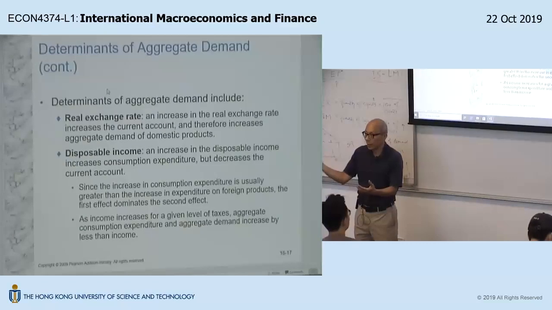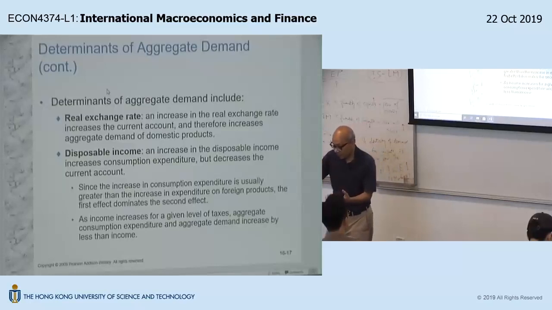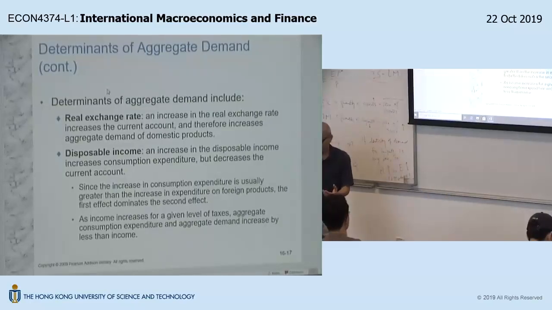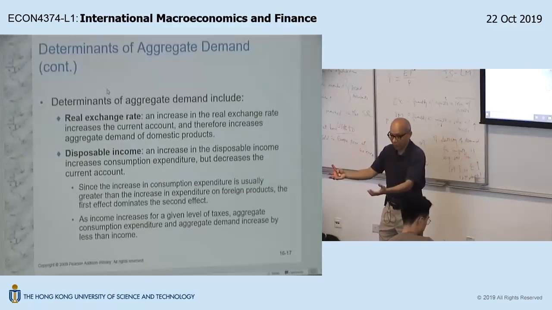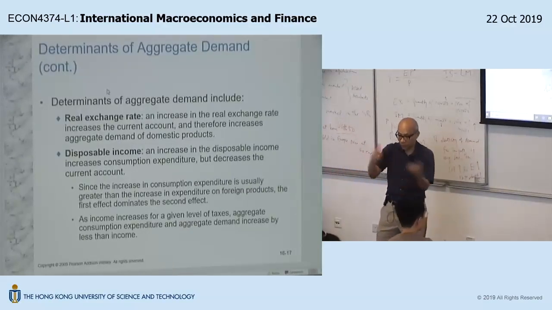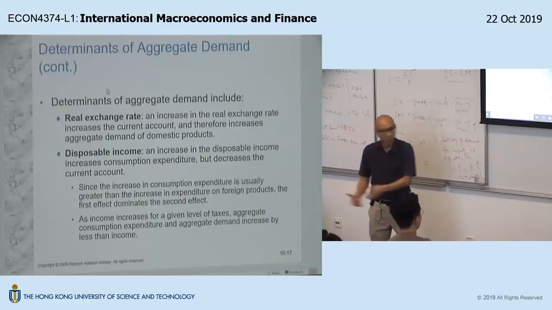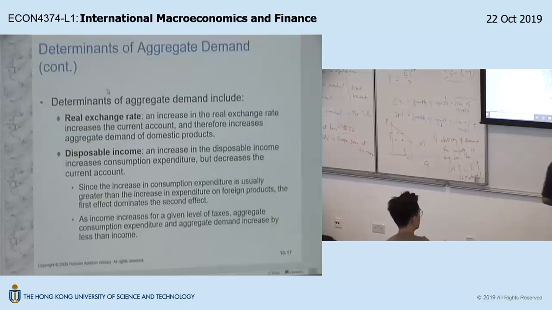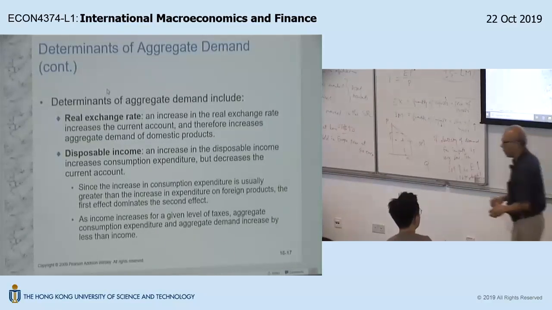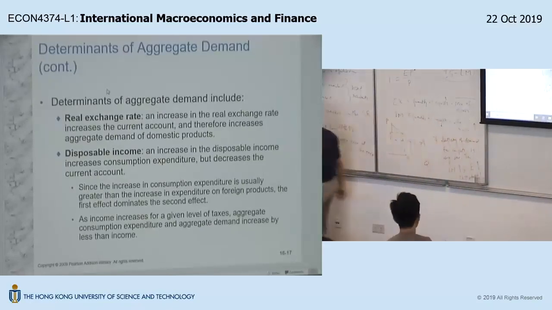So the effect of disposable income on total consumption expenditure must be greater than the effect of disposable income on imported consumer goods. The first must be greater than the second. Therefore, the effect of disposable income on consumption expenditure must dominate the effect on net exports. Does it make sense?